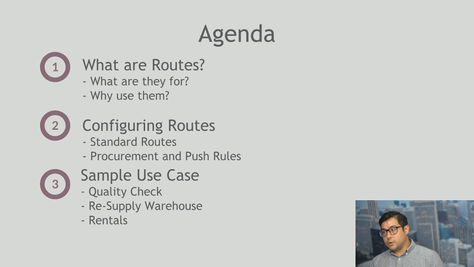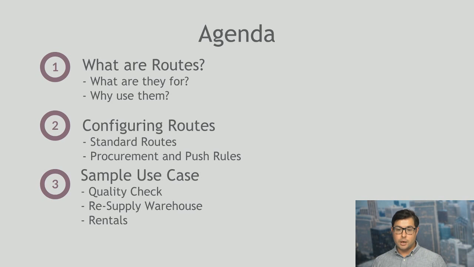Another question is, why do we want to use a route? Certain companies have formalized processes where inventory needs to travel through a certain process, more than simply receiving inventory and putting it on the shelf. You might want to receive it, do a quality check, and have certain centers that it needs to hit before it gets stocked.